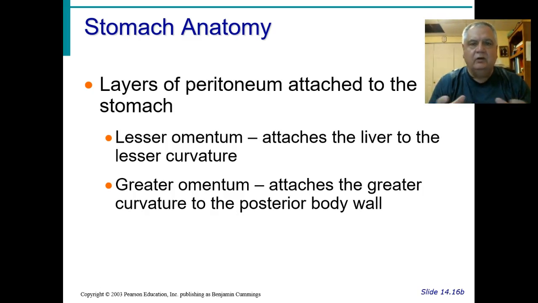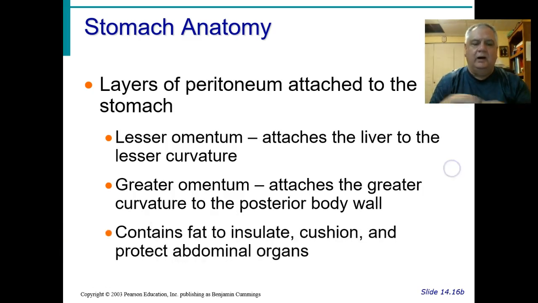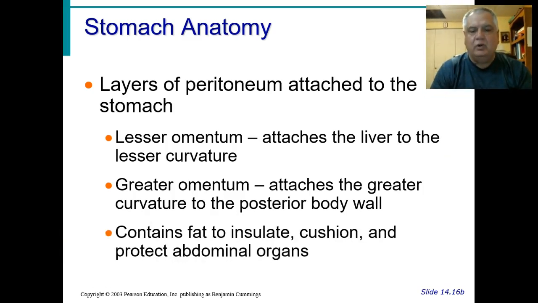Whenever you take a look at the cat dissection and you look at the greater omentum, you'll see that you can actually lift it up, and it truly does look like a curtain. It contains a lot of fat, and that fat is important because it helps to insulate the body organs, protect against great temperature differences, and helps to keep the temperature regulated.